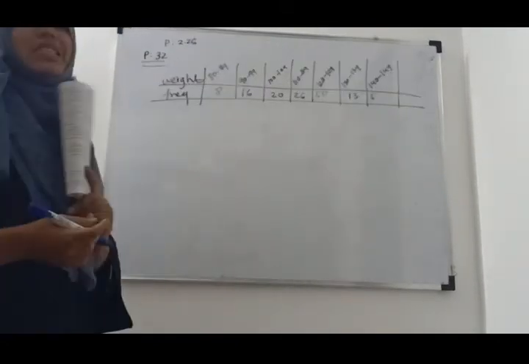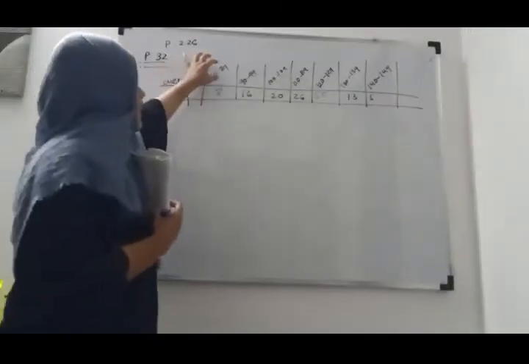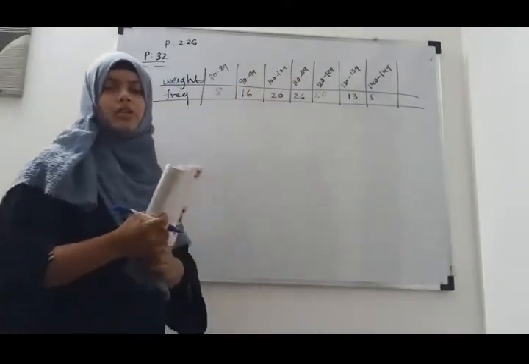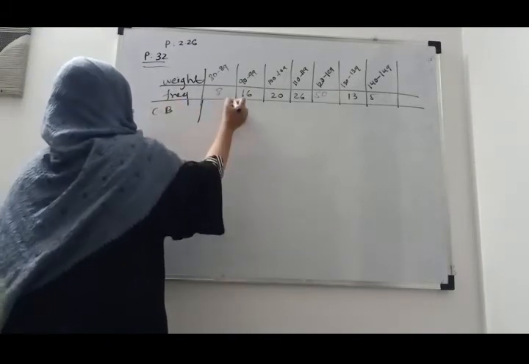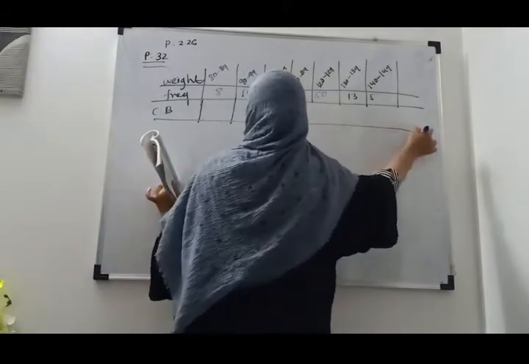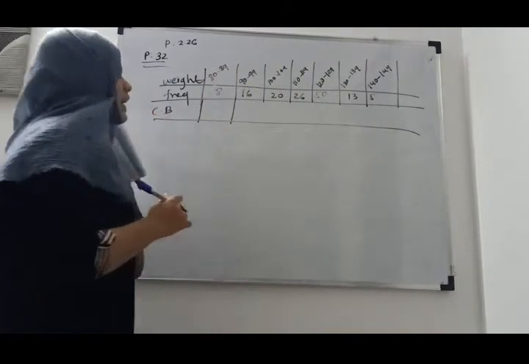To draw a histogram, these classes should be continuous. So we have to make them continuous by taking the class boundaries. CB means class boundaries.